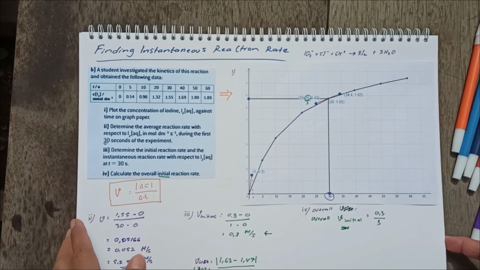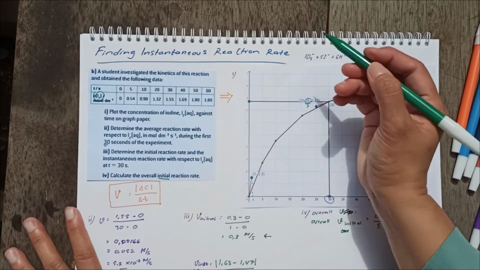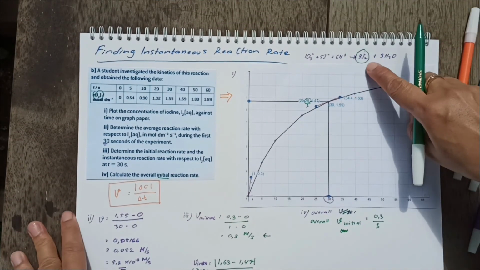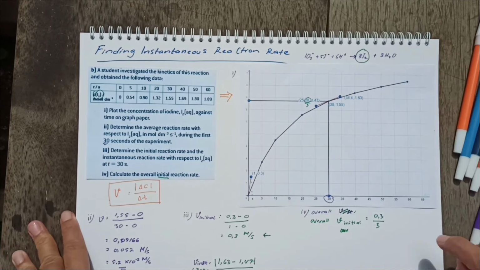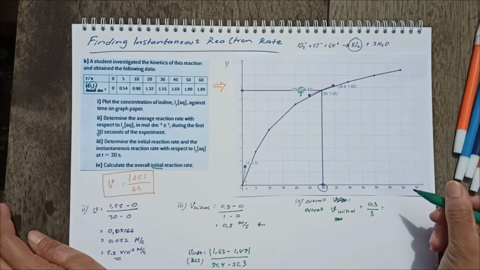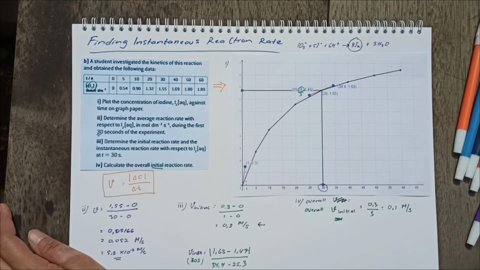Why 3? Because we are talking about iodine here. So look at the coefficient of the iodine, then you put it here. So the overall initial rate will be 0.1 molarity per second.